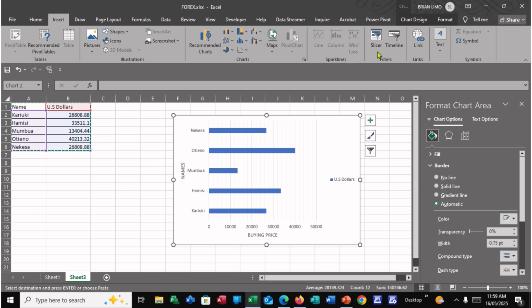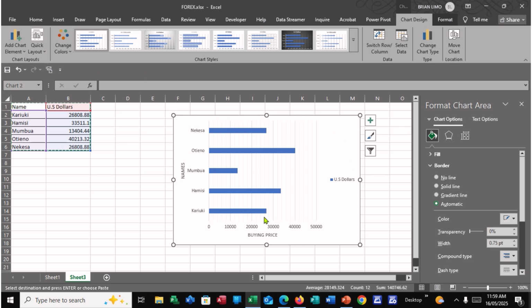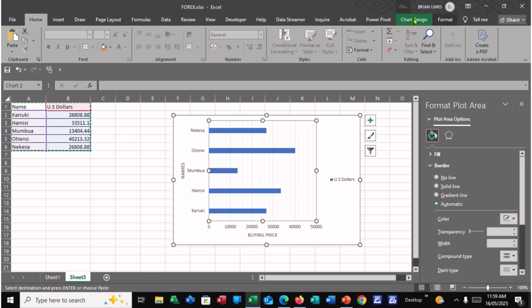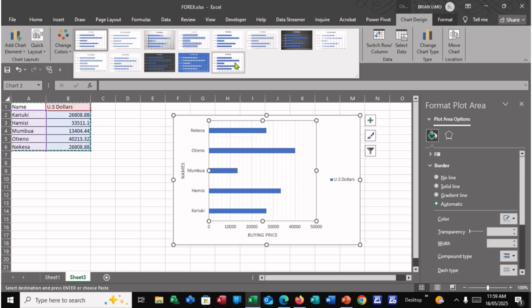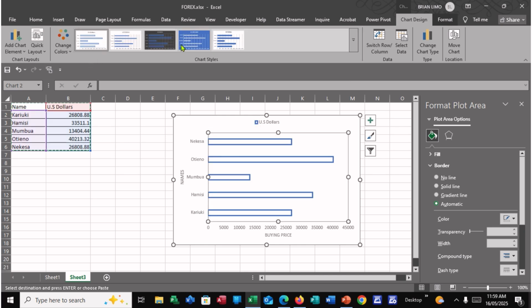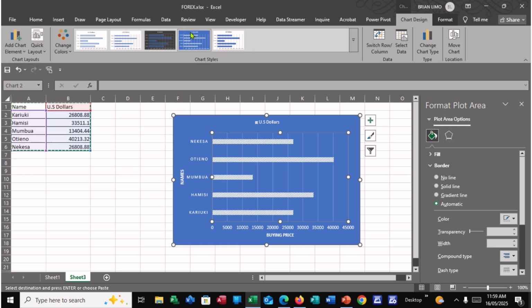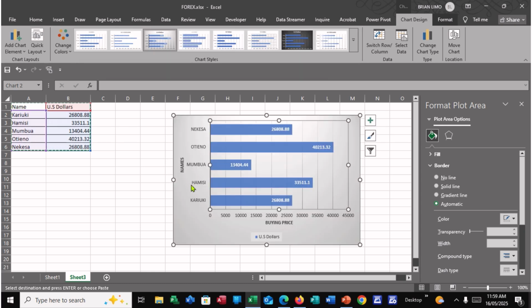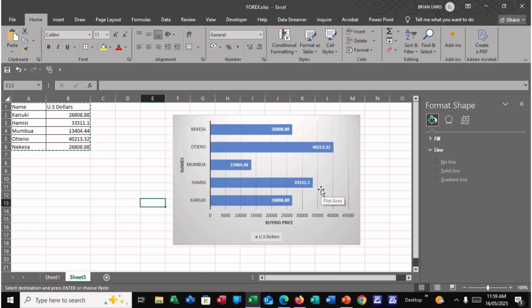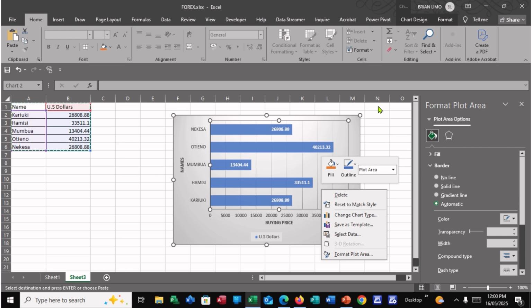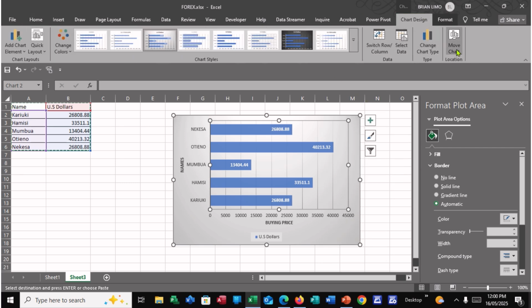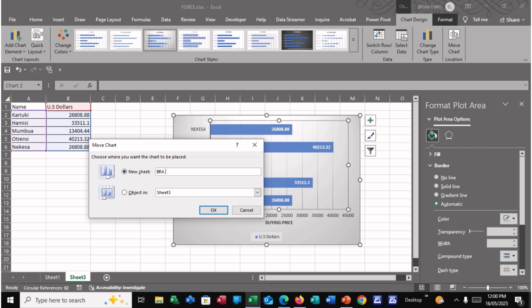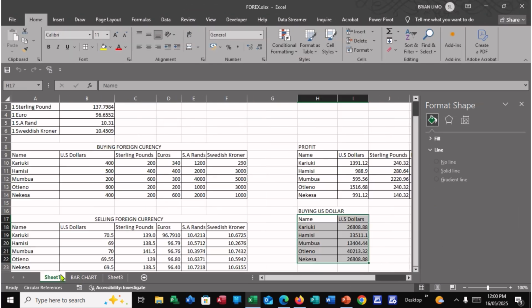Then here I can insert a text box. I leave it like that. Then I can decide in chart design which one is best, one that can be very visible and well presentable. For example, this one. And then in chart design I just move to a new worksheet, that is bar chart, like that one. Then you can read the question.